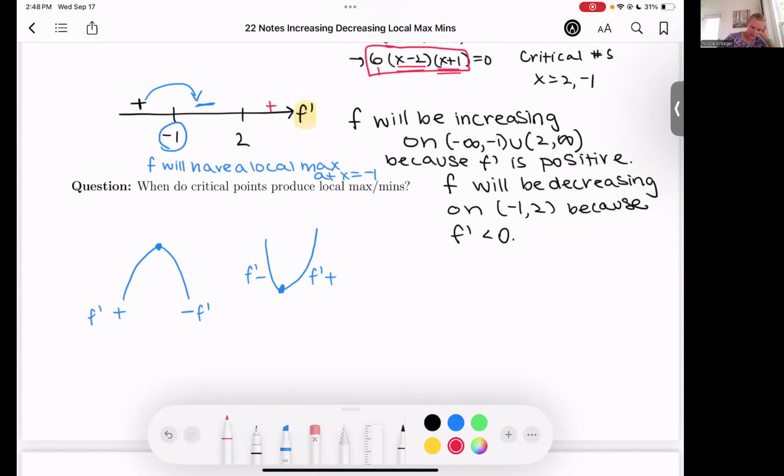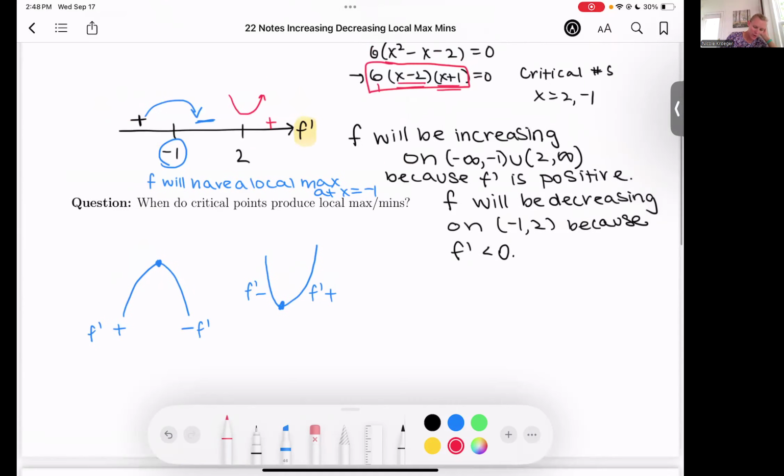And then the derivative goes from negative to positive at x equals 2. So my function goes from decreasing to increasing. So f will have a local min at x equals 2. Okay, so this sign chart for the first derivative tells us both where my function's increasing and decreasing and where my function has local maxes and mins.